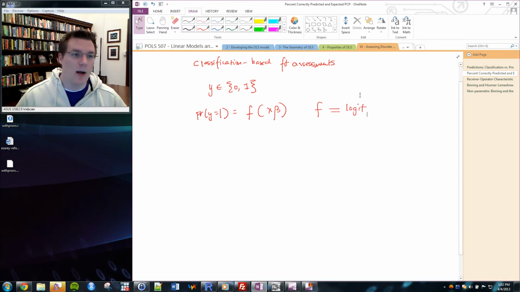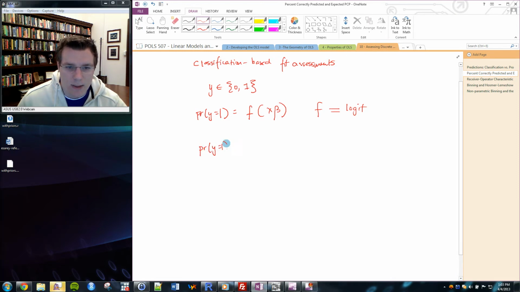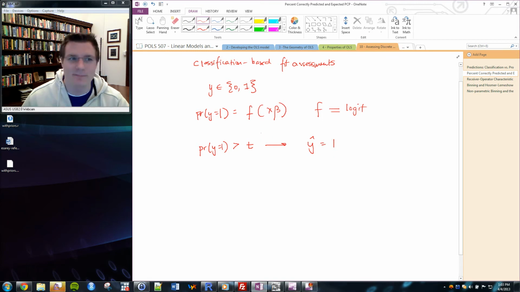Or it might be something more complicated like a CART model or a regression tree or something where the fitted probability has to do with the number of cases in the bin that equal 1 or something. But somehow we get this probability. And what the PCP does is say, if this probability is greater than some threshold, t, then we predict y is a 1, a success, a yes, conflict, whatever we're trying to predict.